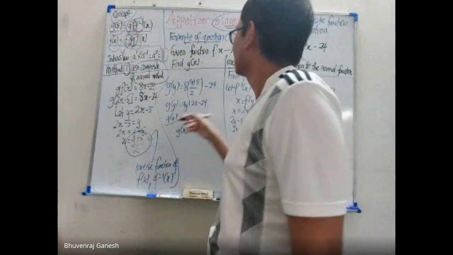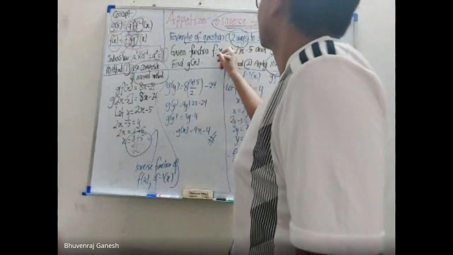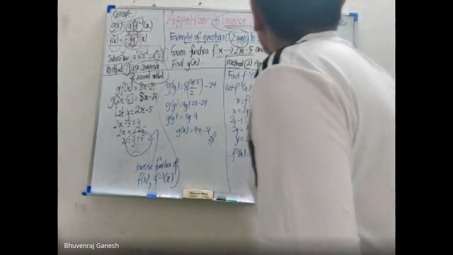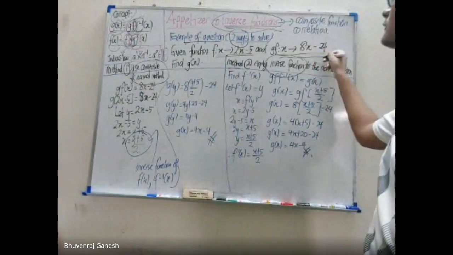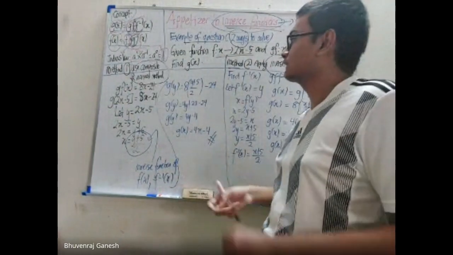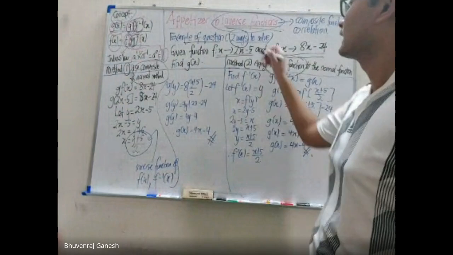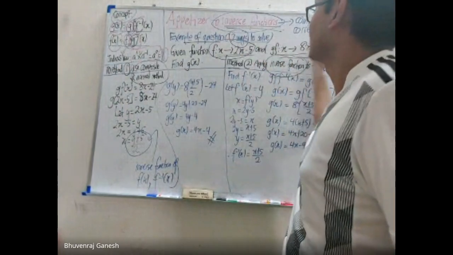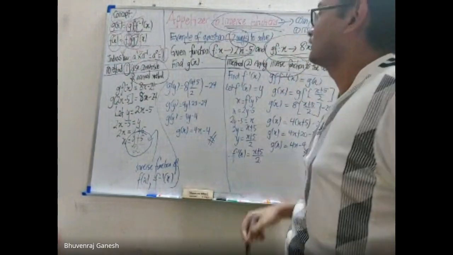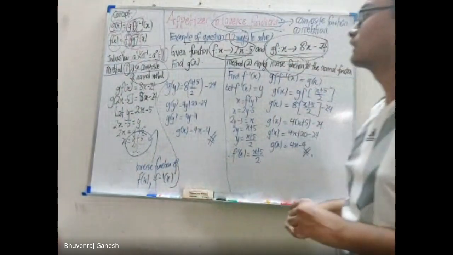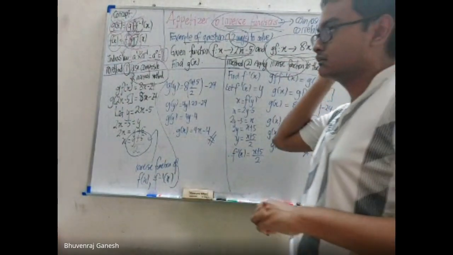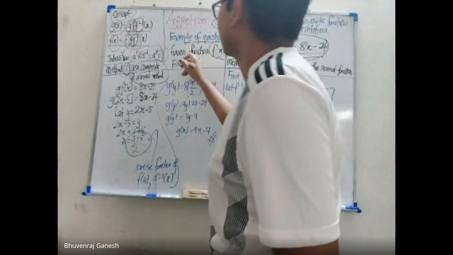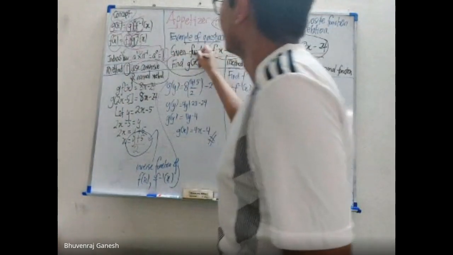So let's say I give you f(x) is 2x minus 5 and gf(x) is 8x minus 24. You must know what is happening already from this kind of pattern of functions, which is the object, which is the image. All of that you can find in the last two videos that I did. So now the question comes, find g(x).